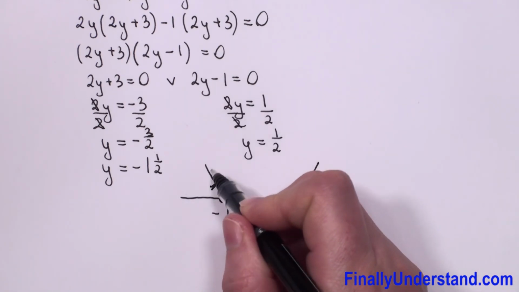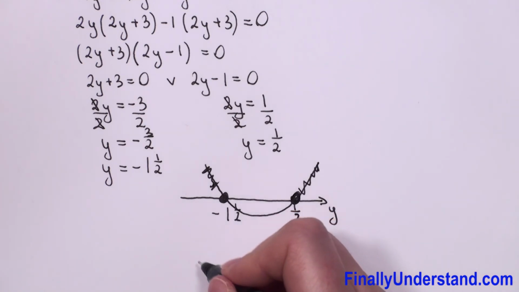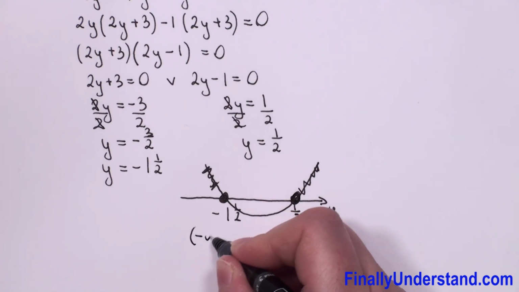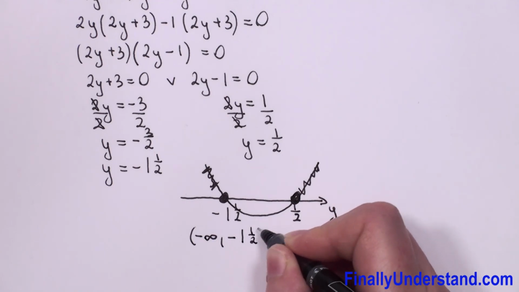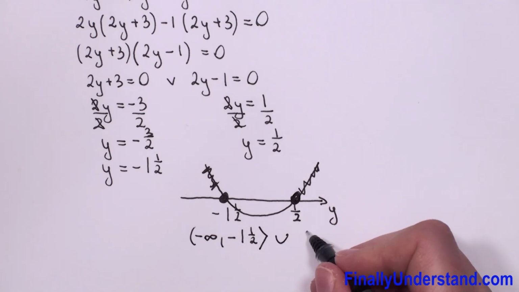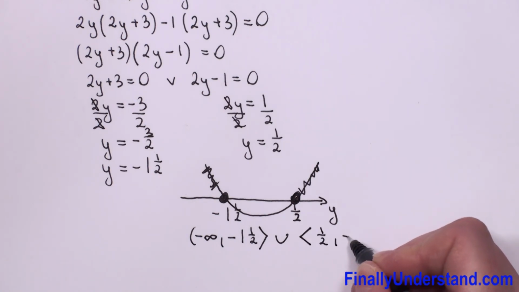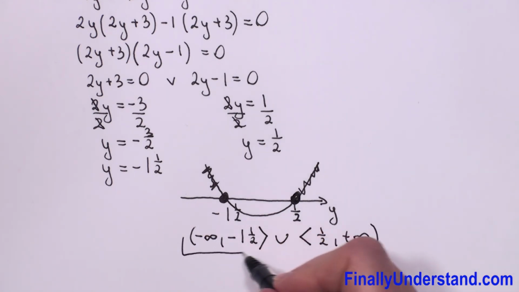This part is above, and this. So we have two intervals: from negative infinity to negative 1.5, closed on the right side, plus the interval closed on the left side, 1/2 to positive infinity. This is our solution.